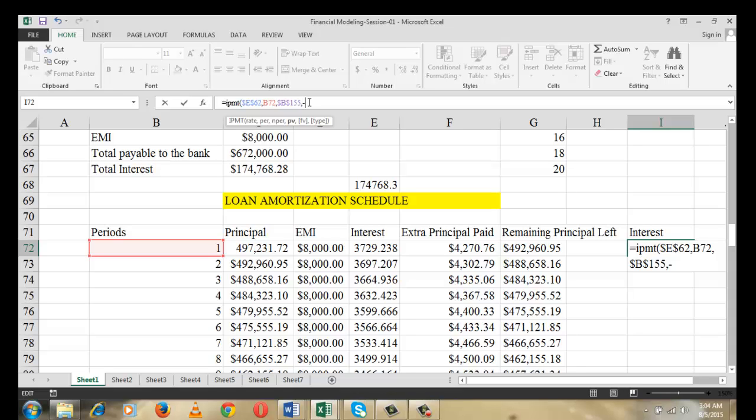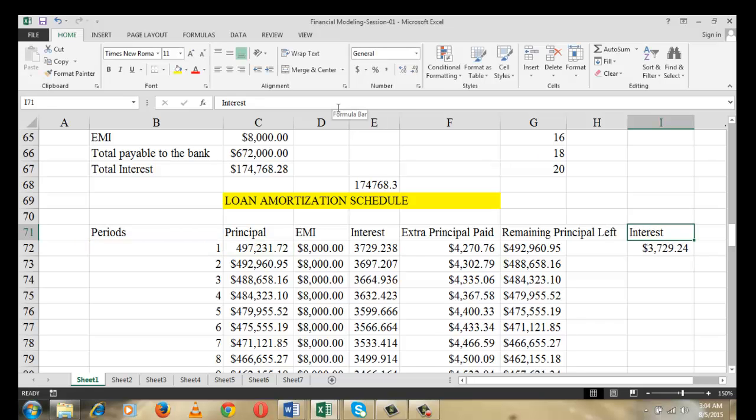PV would be minus of whatever your principal is, minus PV, and fix this cell. FV 0, type 0. You can see this.